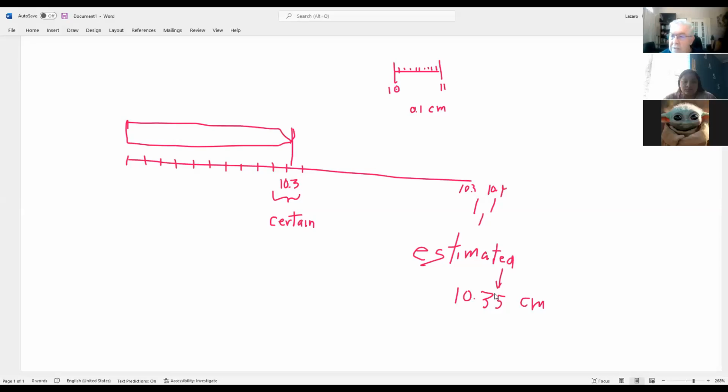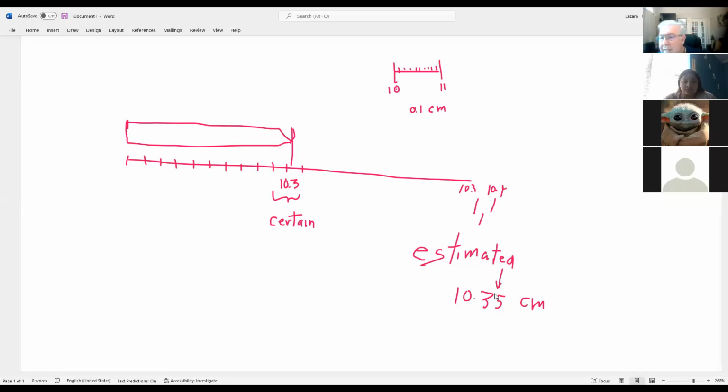Everybody understood? Okay, so I got a question. Yes, please. Okay, so if you're saying it's an estimate, that means that it's basically dependent upon the pencil length, correct? It depends on the observer. It depends on you.